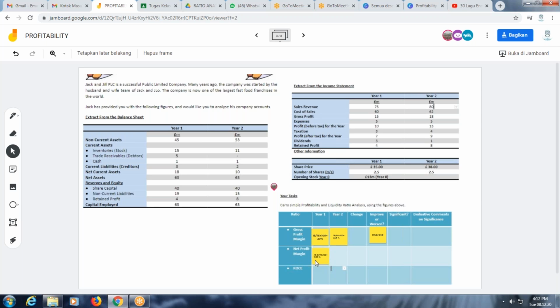So 13 divided by 80. You can use your calculator to count the ratio.